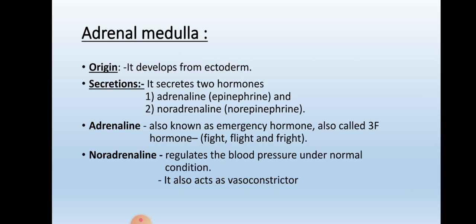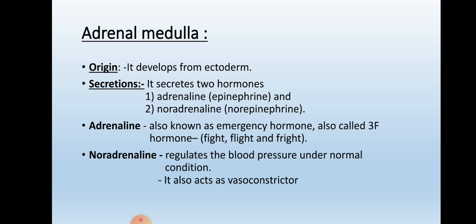Then next is the adrenal medulla, the part of the adrenal gland inside the cortex, originated from ectoderm. Two secretions are there, adrenaline and noradrenaline. Adrenaline is also called epinephrine. Noradrenaline is also called norepinephrine.